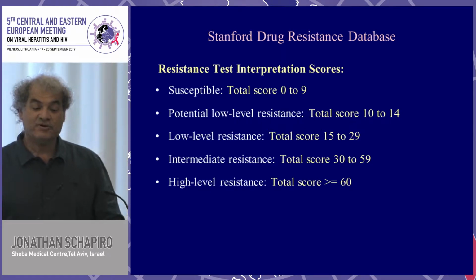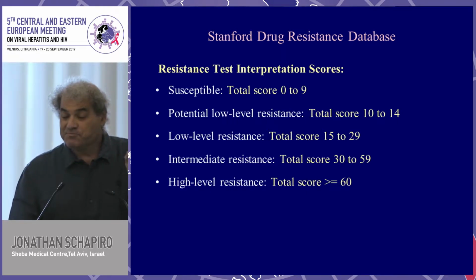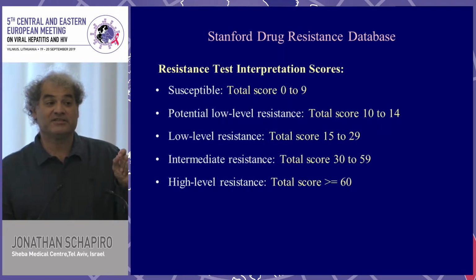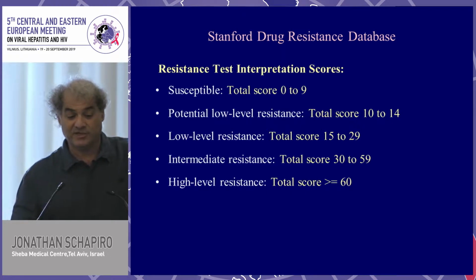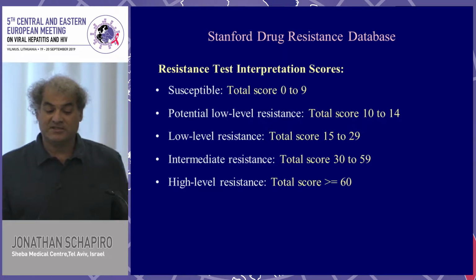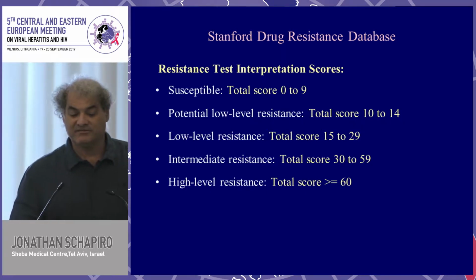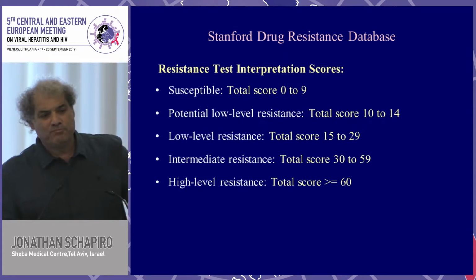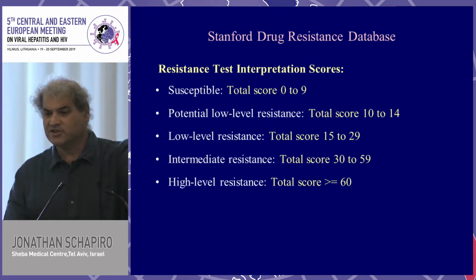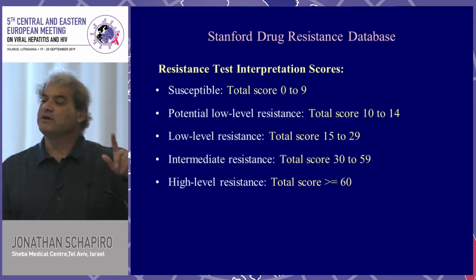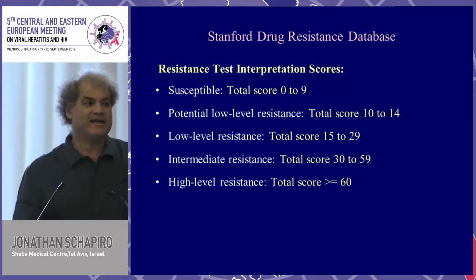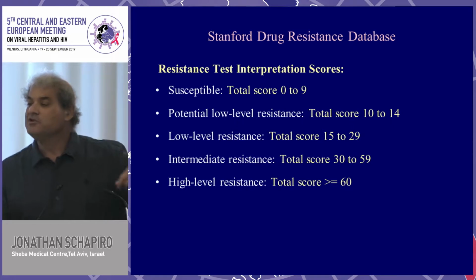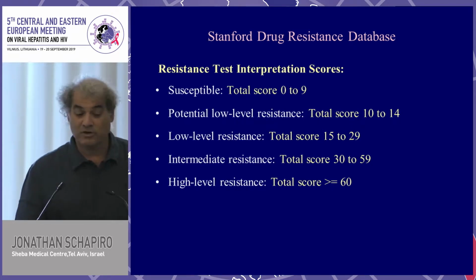If it's 10 to 14, it has potential to interact if, for example, you would add additional mutations. Low-level resistance till 29, intermediate till 59, and if you get to a score of 60 or more, that means that drug really is going to do very, very little. So we give you these interpretations, but we also have the score for you to look at. And as you have more mutations, you have a higher and higher score.